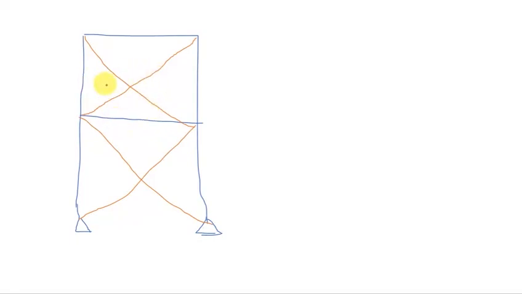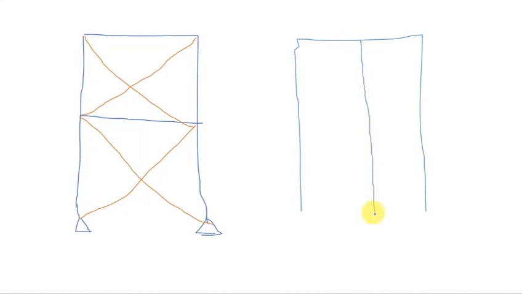What about concrete structures? Look, say you have your columns. Maybe you have your columns and you just have a frame, maybe a concrete frame. A frame is simply made of columns and beams.